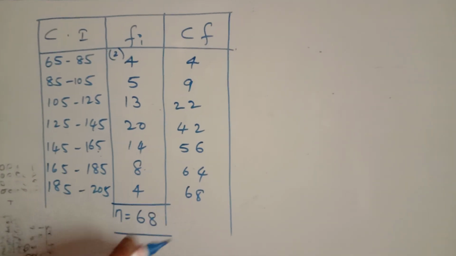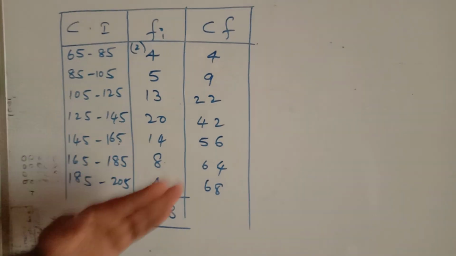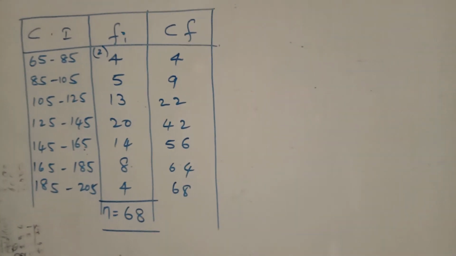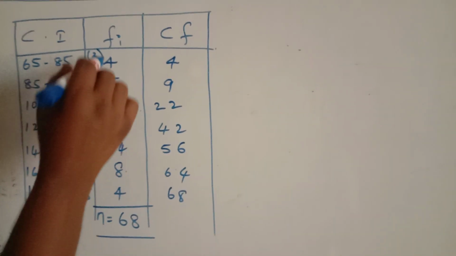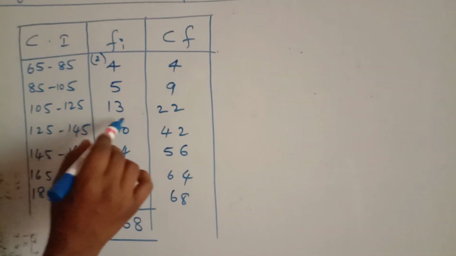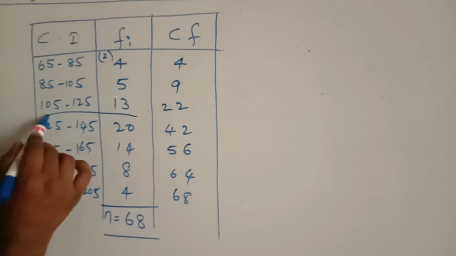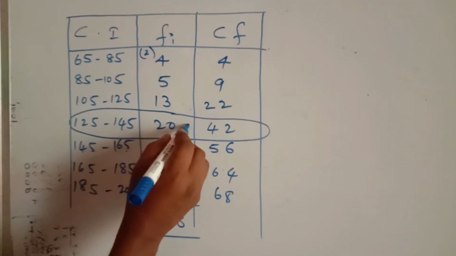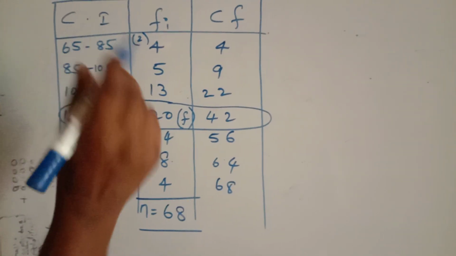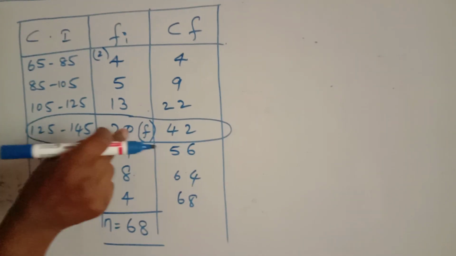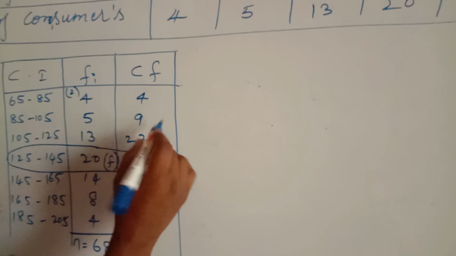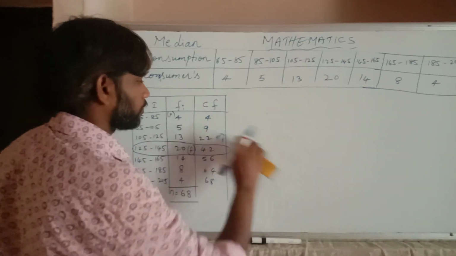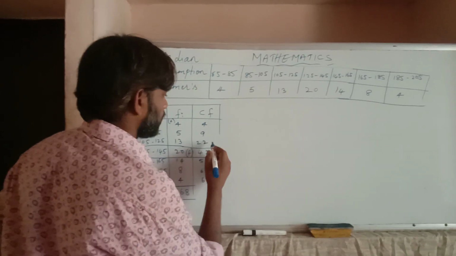So you have tallied the answer. The highest frequency is 20, that is f, and the cumulative frequency just above that frequency gives the CF.